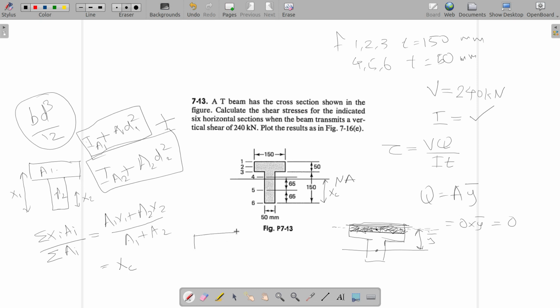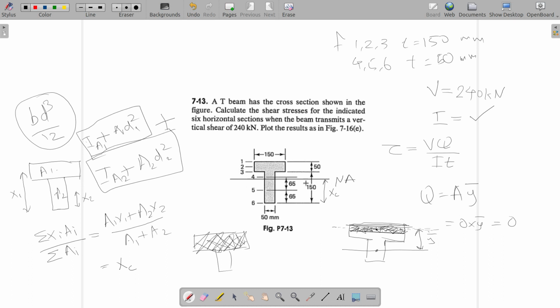And similarly for section 3, section 3 is right here. So this will be the area we need to consider, because we also need to actually locate neutral axis. Here I've simply assumed that neutral axis is between 4 and 5. If neutral axis is somewhere else, again you need to do the corresponding changes.